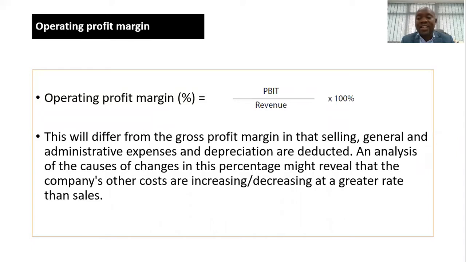Then now you go to operating profit margin. On this one, you are looking at profit before interest and tax divided by revenue. From one kwacha or $1 revenues that you're generating, how much operating profit are you making?